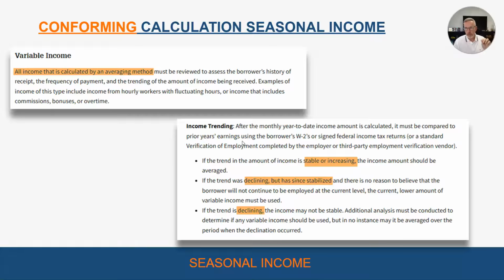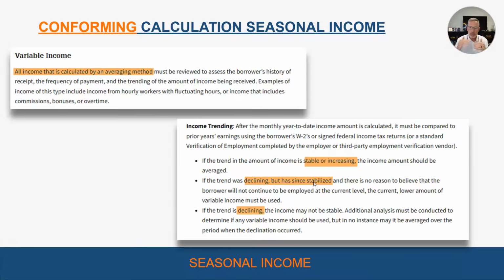You would have 24 for last year and 23 for the year before. And you look at them all and see what their trend analysis is. If it's stable or increasing, you average it. If it's declining but stabilized, you would then average the stabilized income. At no point can you put the good year in there, though. You got to have the high year, right?